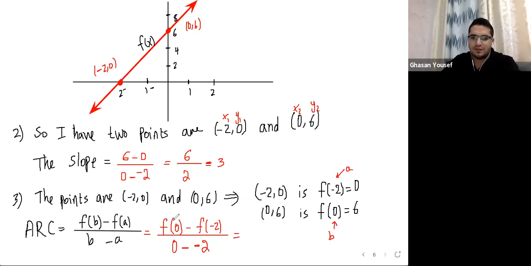Now, what is f of 0 in this question? It's 6. Yes, f of 0 is 6. What is f of minus 2?